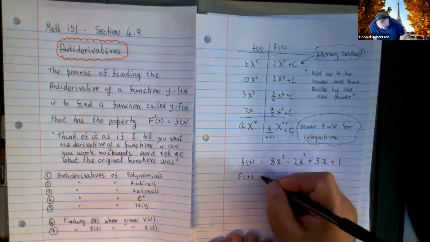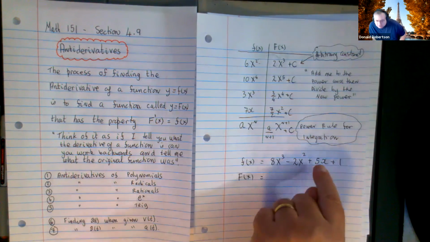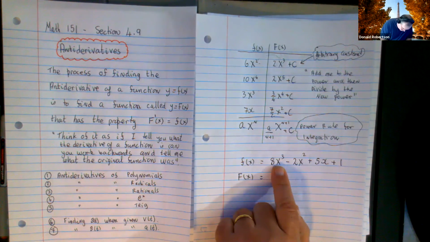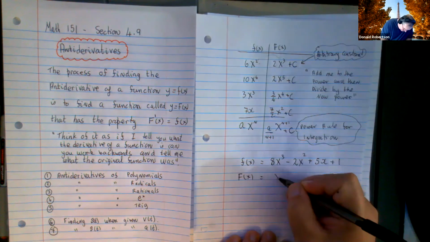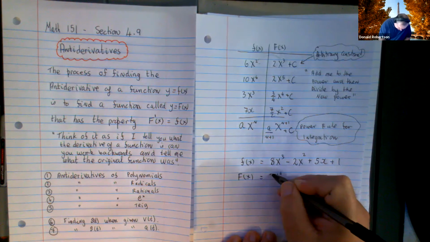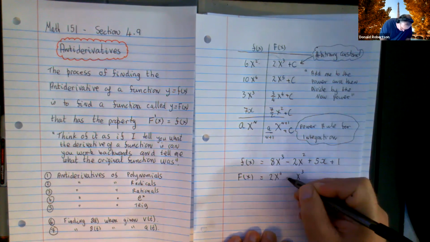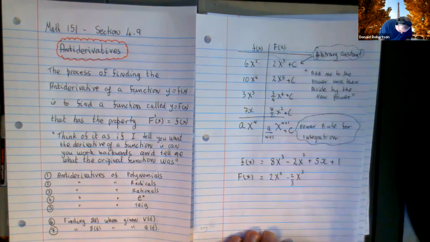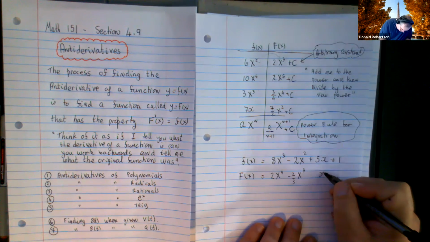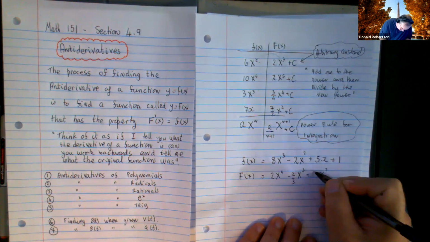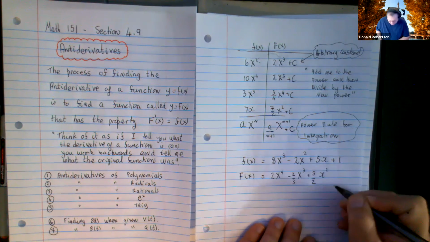Okay, right. Back to this question. I want to find the antiderivative of this. So add 1 to the power and divide by the new power. Add 1 to the power and divide by the new power.